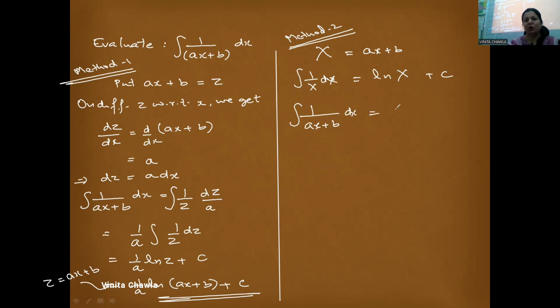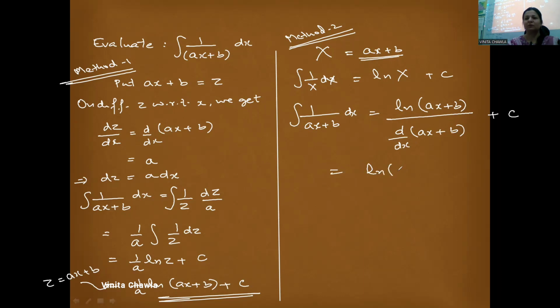So we can write ln ax plus b. But we do not have x, we have ax plus b. Now differentiate this ax plus b with respect to x and write the answer that you get in the denominator. So d by dx of ax plus b, and then write constant of integration because there are no limits given.